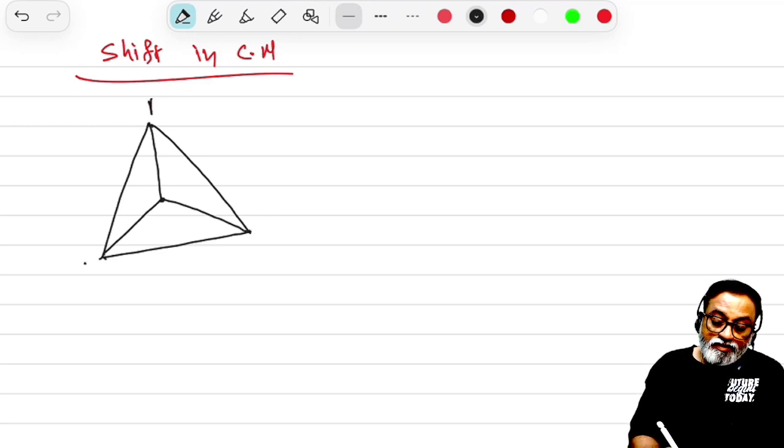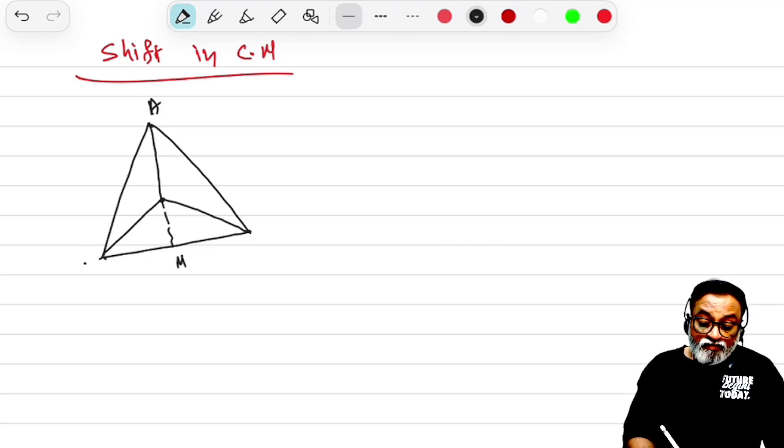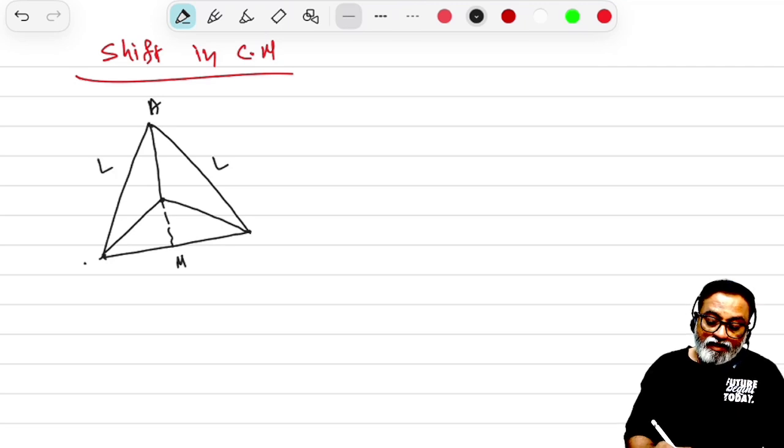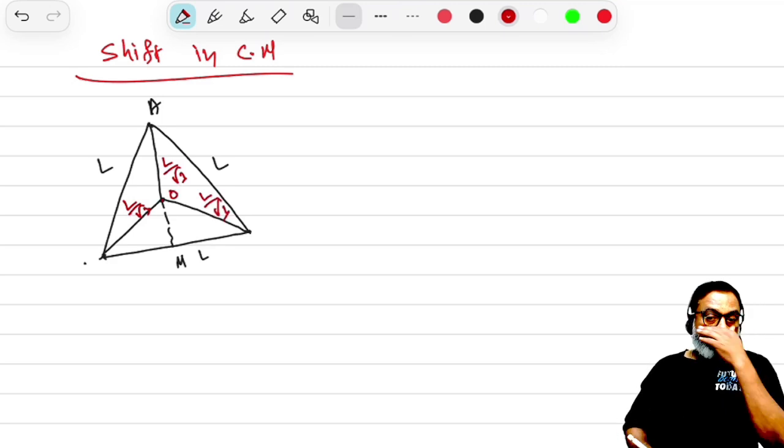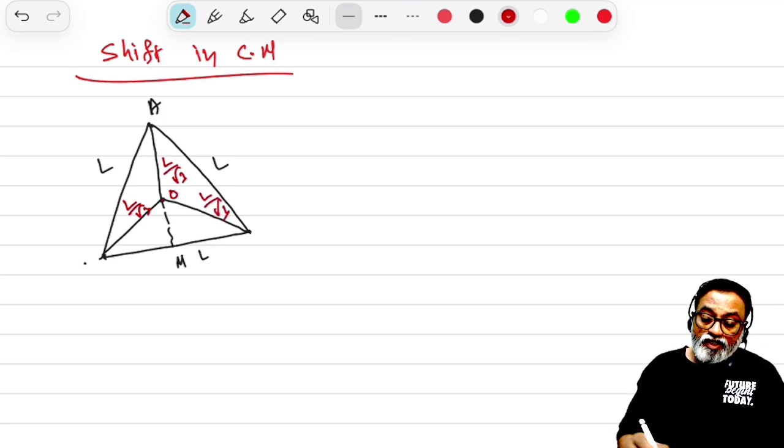For example, here is A, this is M. From vertex to centroid, for example, this equilateral triangle of side L. Therefore, this distance is L by root 3 and this one also L by root 3 and this one also L by root 3. This is the centroid, I am taking O or otherwise C.